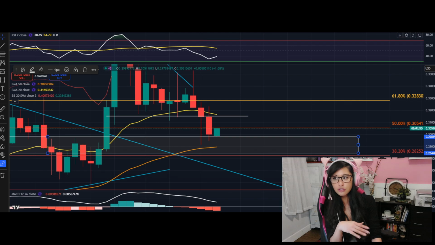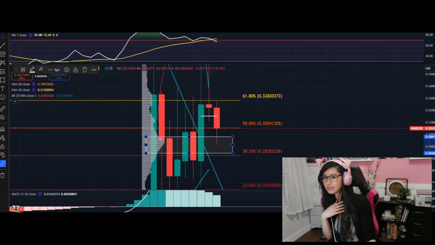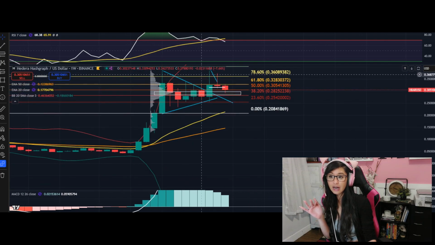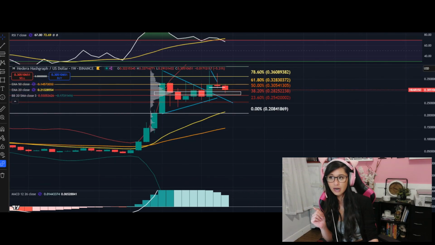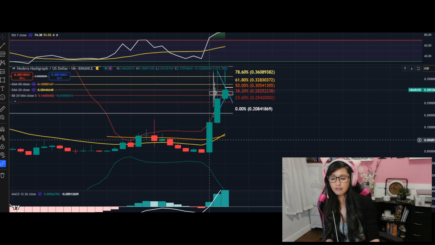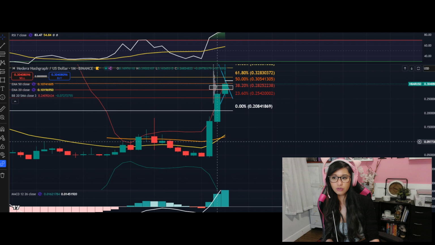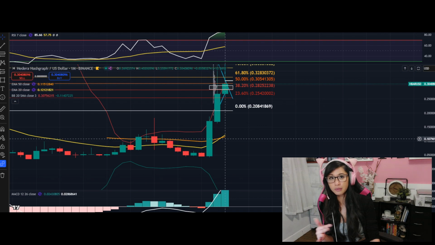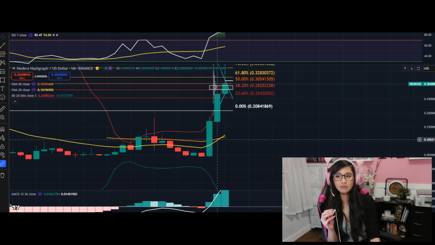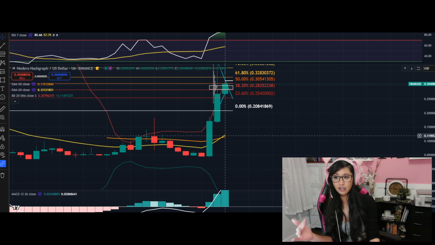Now, if we zoom out to a longer frame to take a look at what the primary trend is, we are still in an uptrend. Don't get me wrong, we're still in an uptrend on the weekly. And if we take a look at the monthly, we are still in this uptrend. And if you guys already caught that in the video, on the monthly time frame we see a potential golden cross formation. I'm going to say potential because the month isn't quite done yet. This is simply formed when a smaller moving average, our 20, moves across and above a larger moving average.